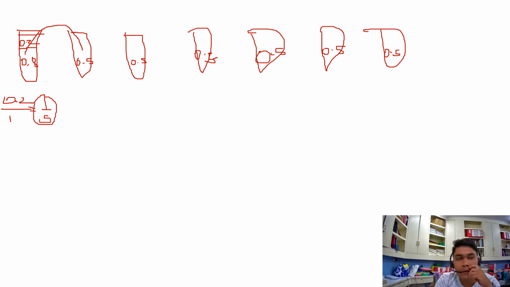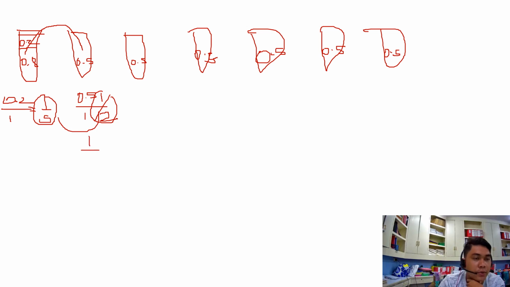So the sample volume for test tube 2 is 0.5, the volume you get from test tube 1 that contains serum. Then total volume is 1. So this is 1:2. So 1:2 times 1:5, the answer is 1:10. So test tube number 2 is 1:10.